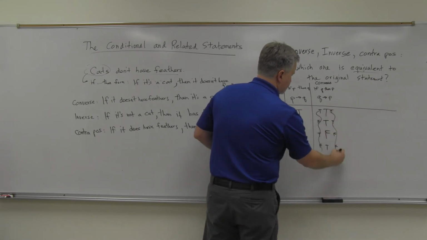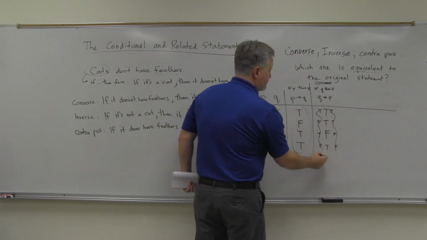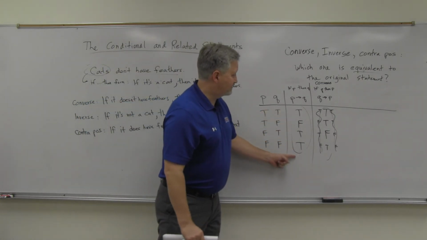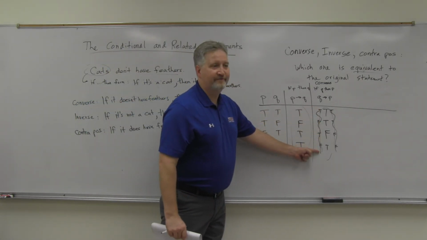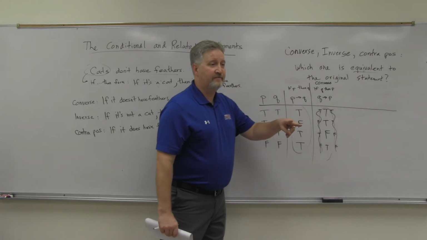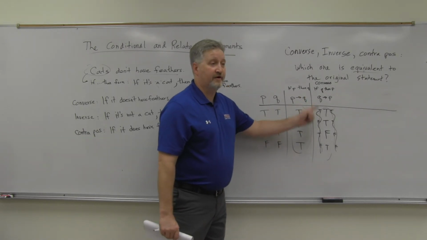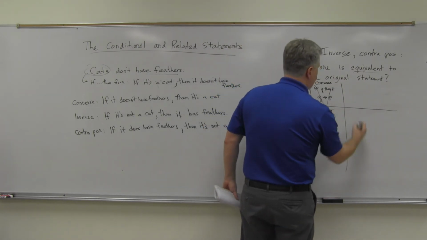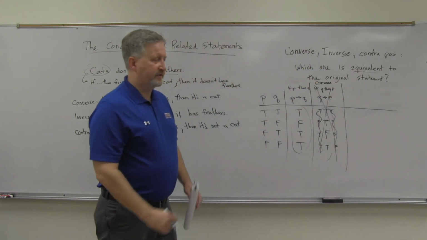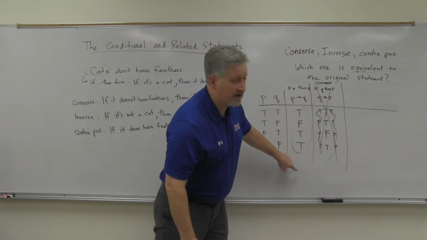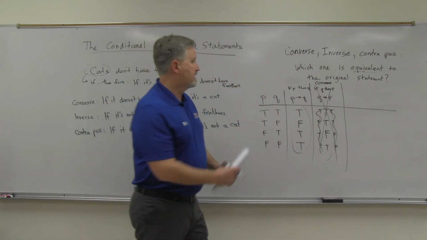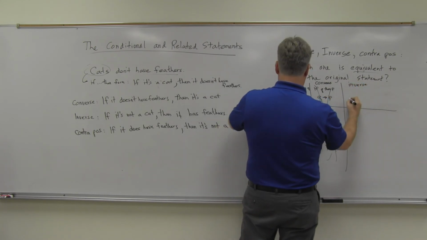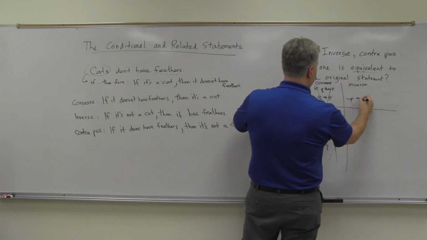So this is what we're comparing. Are these two the same? This one's true, false, true, true; that one's true, true, false, true. They've got 3 trues, 1 false, but they're in a different order, aren't they? So this one isn't equivalent, because it doesn't have the same truth values. It's not equivalent.